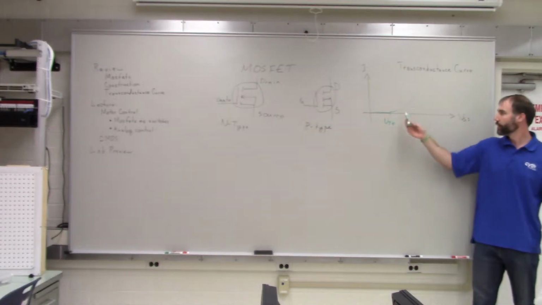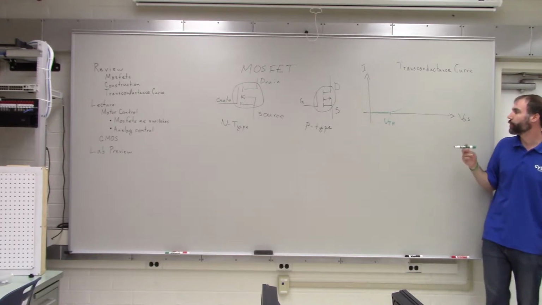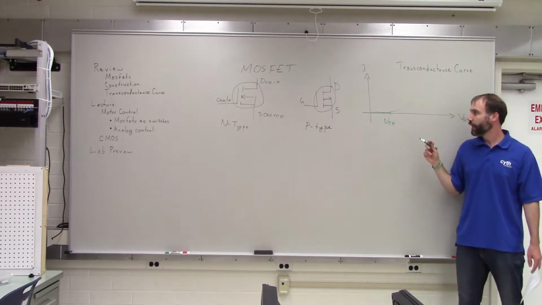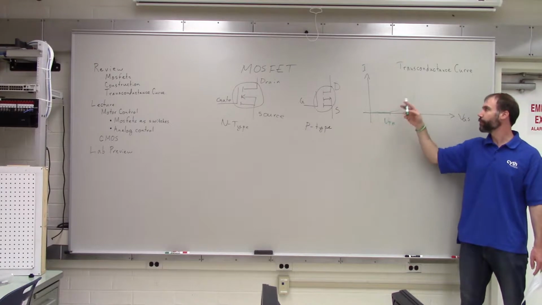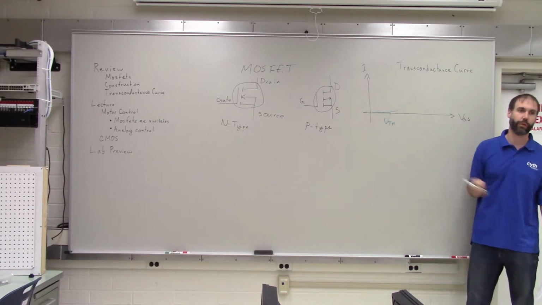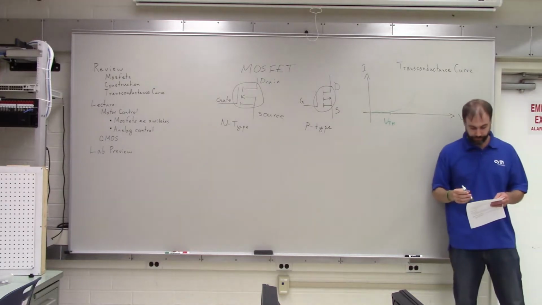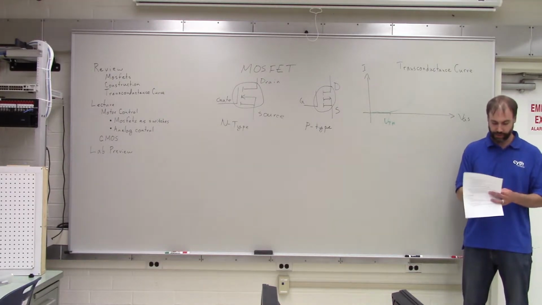Okay? So it's a parabola. The current goes like the square of the voltage. And then depending on the circuit that you've set up, you'll probably reach some maximum, and then the current will no longer increase after that. Okay? So that's the transconductance curve.